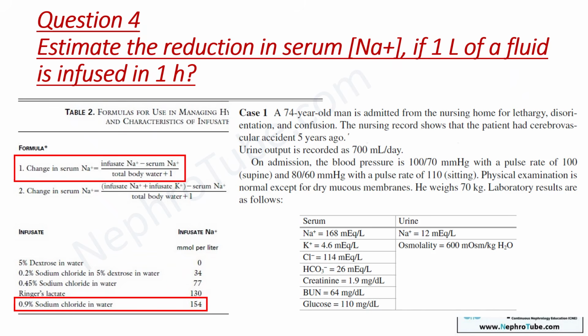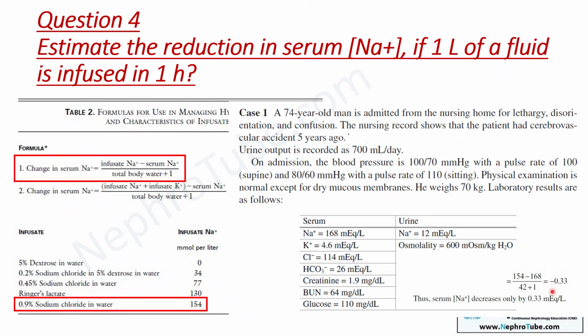So in our case, if we decided to use, at first, as we mentioned, isotonic saline, let's check this equation. Infusate sodium in saline is 154, minus the serum sodium of the patient, which is 168, over total body water plus 1.